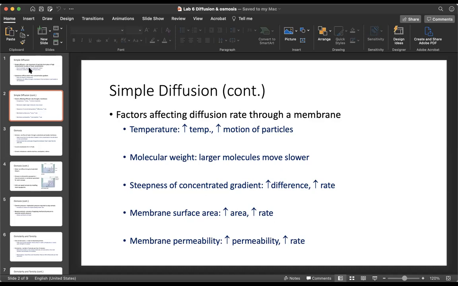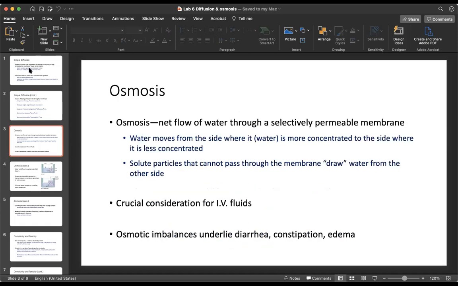Technically, we're looking at osmosis here, but we're looking at diffusion of water, really. But the same principles apply. So those two, steepness of concentration gradient and the temperature, were two factors that we tested for. You should know these other factors just to know, but you should also know the ones we tested for in lab.